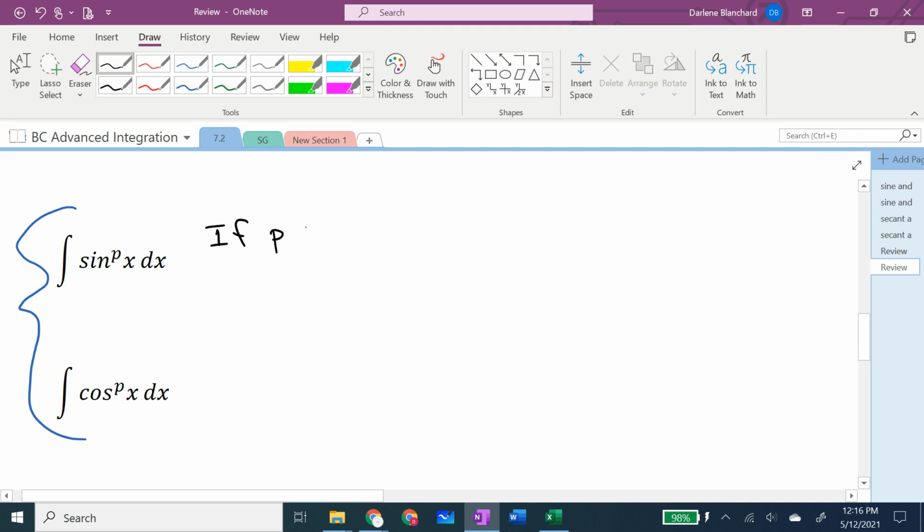If you have an odd exponent, you're going to do a U substitution where U is its partner. And from there, you're going to use the Pythagorean identity.